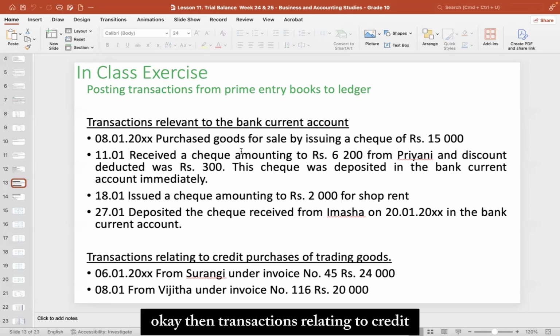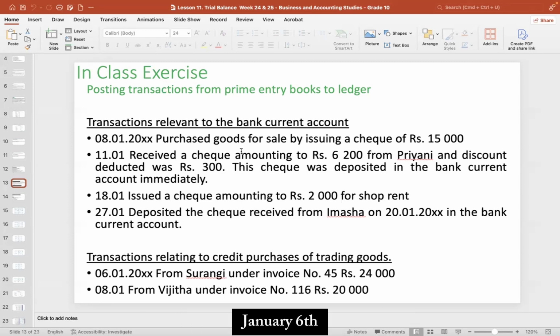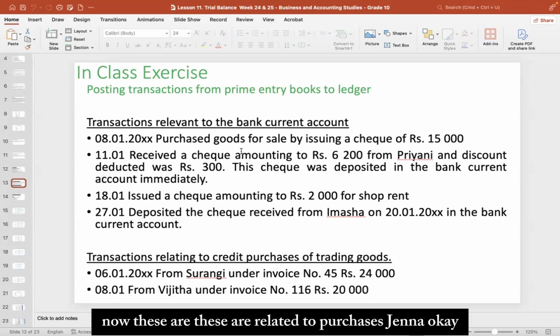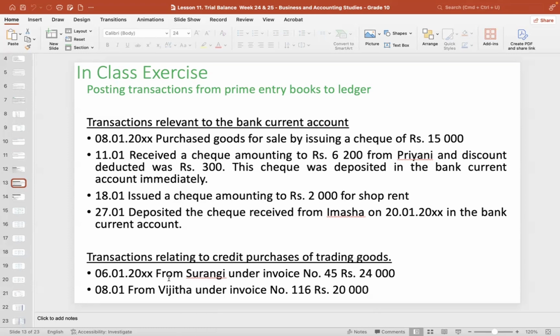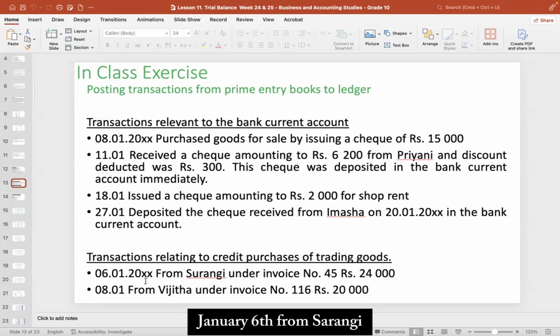Then transactions relating to credit purchases of trading goods. Now these are related to the purchases journal. January 6th, from Surangi under invoice number 45, rupees 24,000.